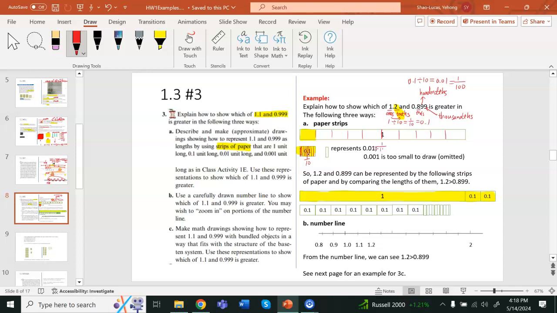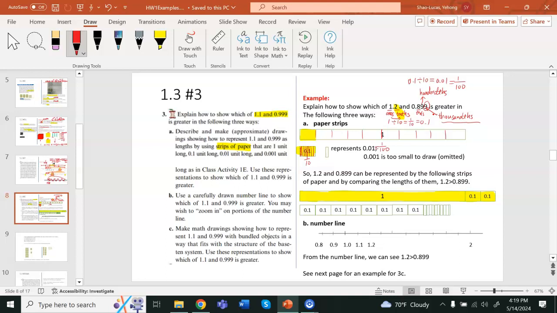0.01 or 1/100. Okay, and in order to generate the 1,000ths, we have to take this tiny piece right here and cut it into 10 equal parts, which is almost impossible to do because it's going to be very tiny. So you don't really have to do that, and you can just omit that part and go ahead and just use, because we know 0.009, the 9 in the thousandths place, is very close to 1/100.